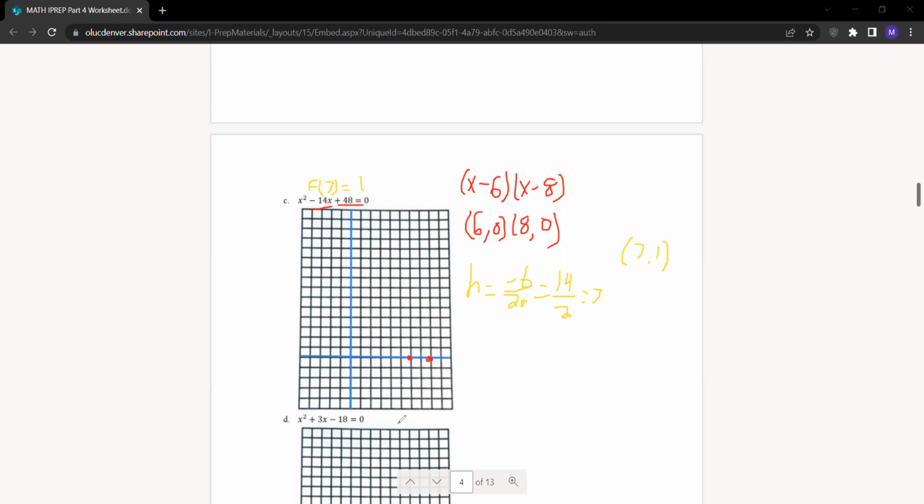Our vertex is at 7, should say -1, sorry. And then we just have to connect our graph. It's not great, it's a rough sketch, but it is going to give you a good general idea of what it looks like. So that is the end of the first half, and now we'll move on to the next part.